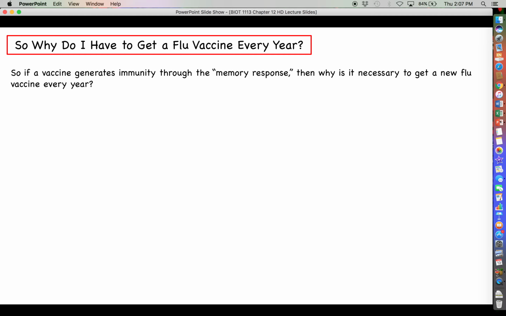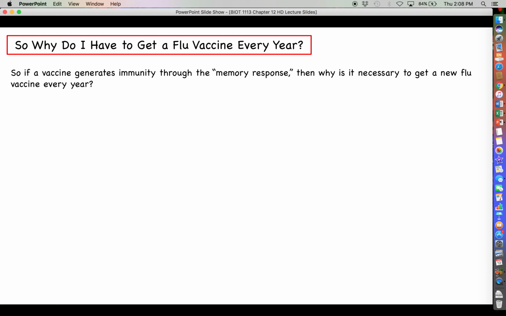So, for example, the polio vaccine. You only have to get that once when you're a little bitty child, right? You never have to get it again. Some vaccines you have to get like once every 5 or 10 years, like your tetanus shot, right? And then some vaccines you have to literally get every single year. So why is that? Well, there's a couple of explanations.